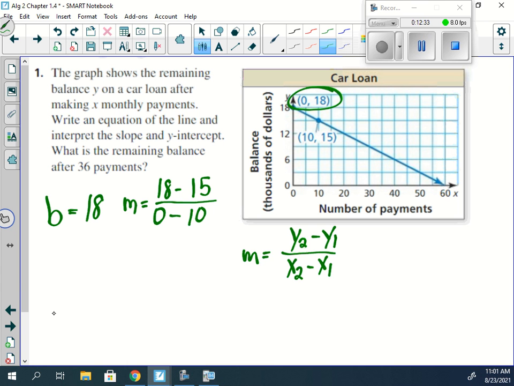This is one of the few where we plug in 2 points. That order does matter. Well, 18 minus 15 is 3. 0 minus 10 is negative 10, so the slope is negative 3 over 10. Negative 3 divided by 10.